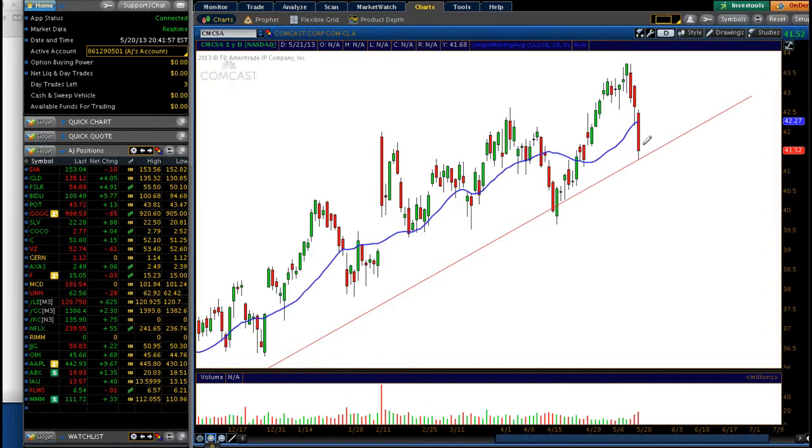I see the stock stopped right at the trend line. And the big bonus question is, what is the significance of increasing volume on red candles? What does that mean?